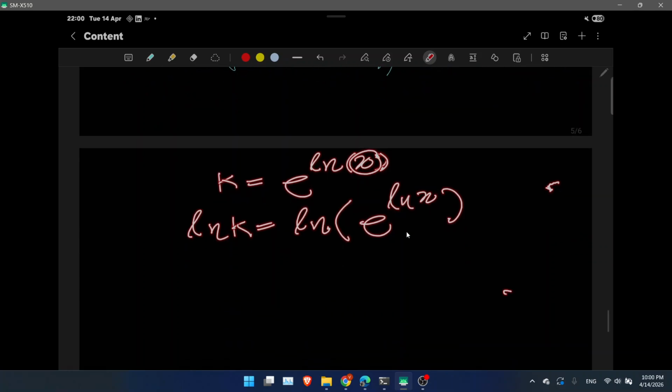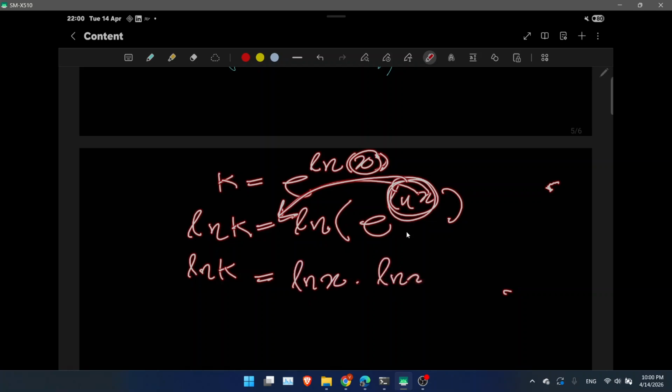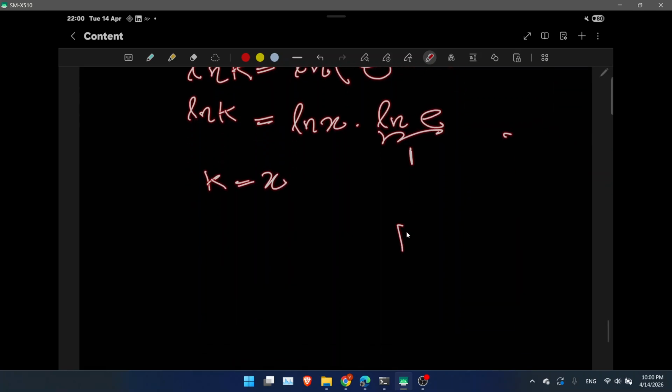So ln k is equal to ln x times ln e, because in ln the power can come out. Since ln e is equal to 1, k is equal to x. So if there is something like a to the power ln x, it is the same as x.